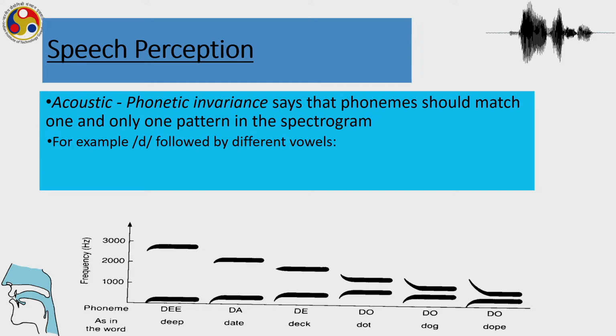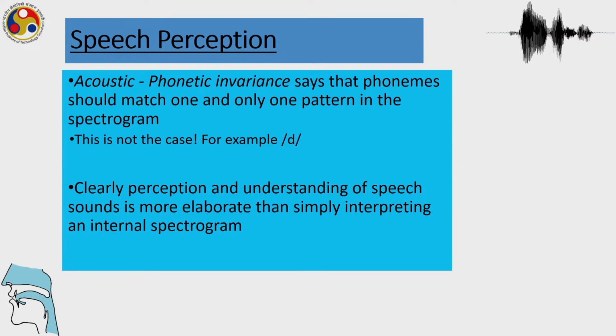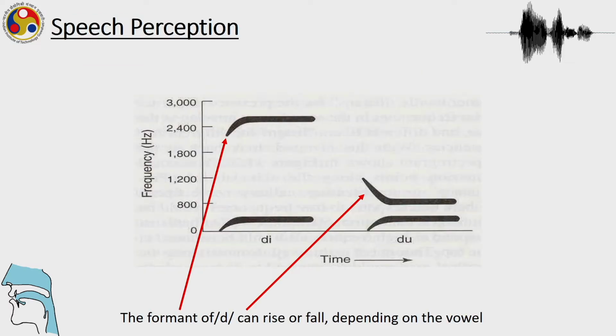So, is it possible that phonemes will match one and only one pattern in the spectrogram? We saw the example of D, and that is not true. Again, here the formant of D can rise or fall depending on the vowel, as you can see.